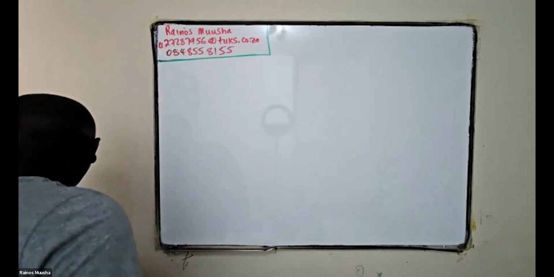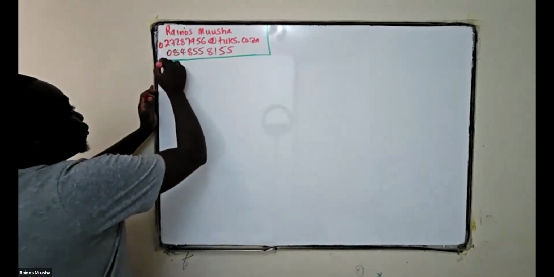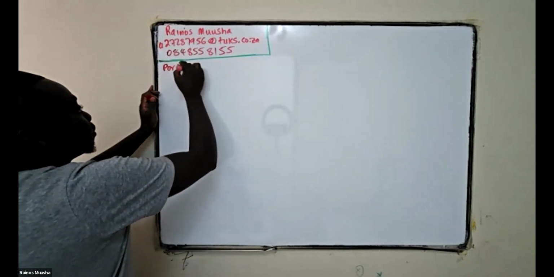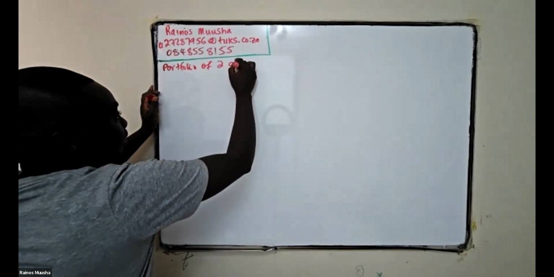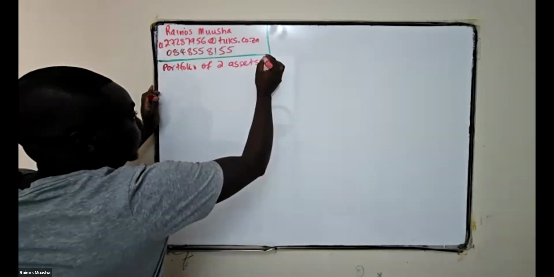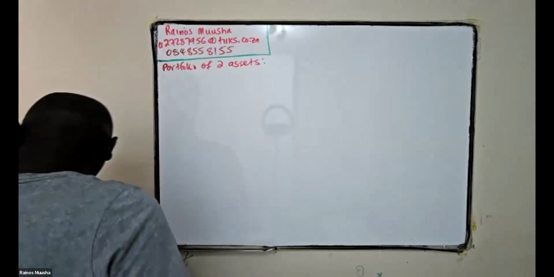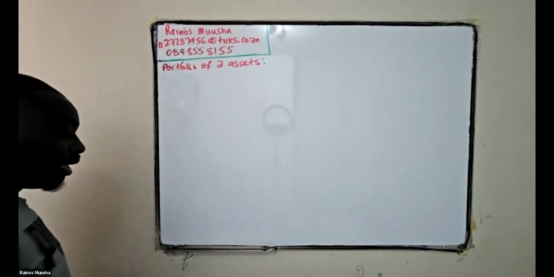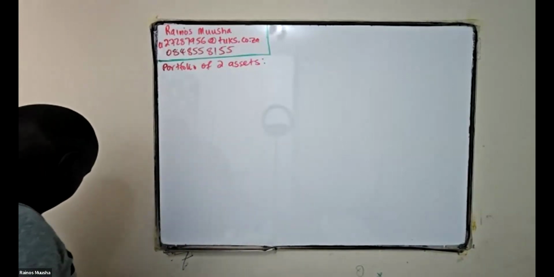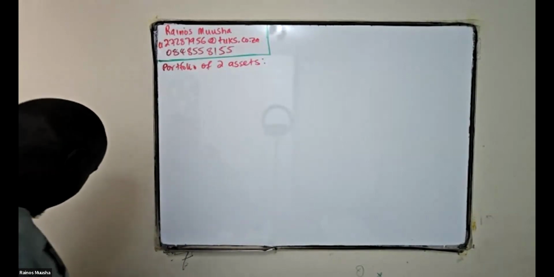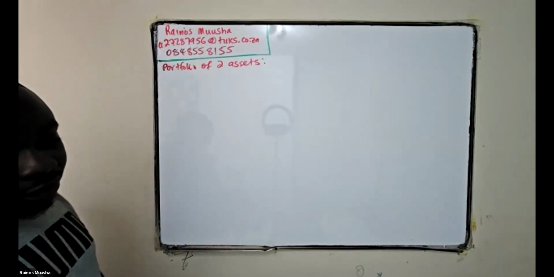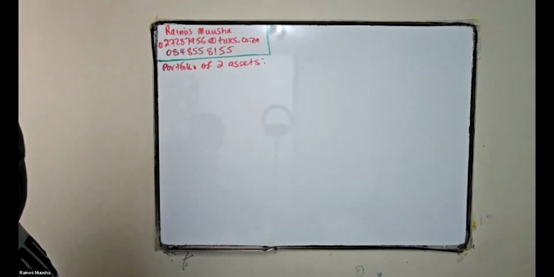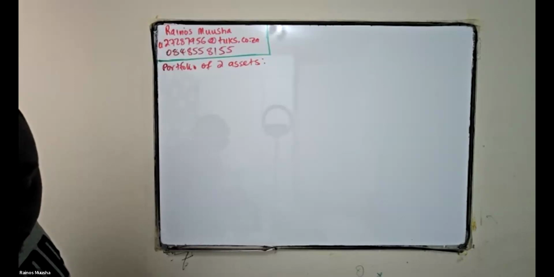Now, we are analyzing a portfolio of two assets. So I'm looking at analyzing a portfolio of two assets. If you have a portfolio of two assets, how do you ascertain the expected return, and how do you ascertain the associated standard deviation of that particular portfolio as well?